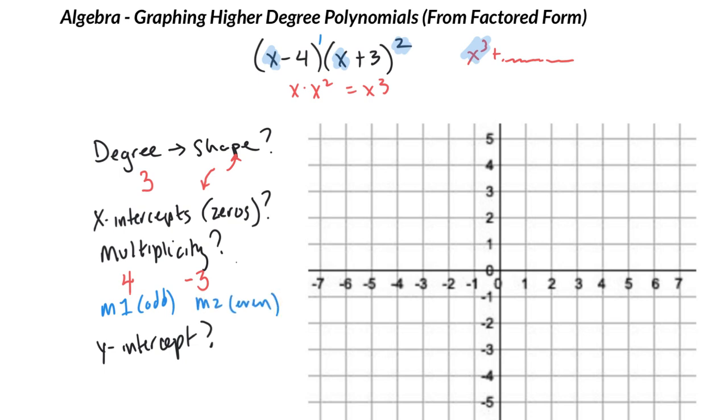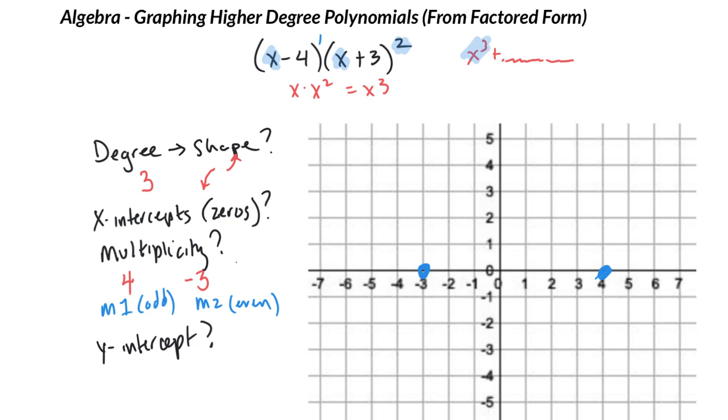Now, what that means is that we know if it touches but doesn't cross the axis, or if it crosses through. Odd multiplicity crosses through the axis, even multiplicity does not. So I'm going to put negative 3 and positive 4 down here, like that. Now, the y-intercept. The y-intercept is what we get if we plug 0 in for x.